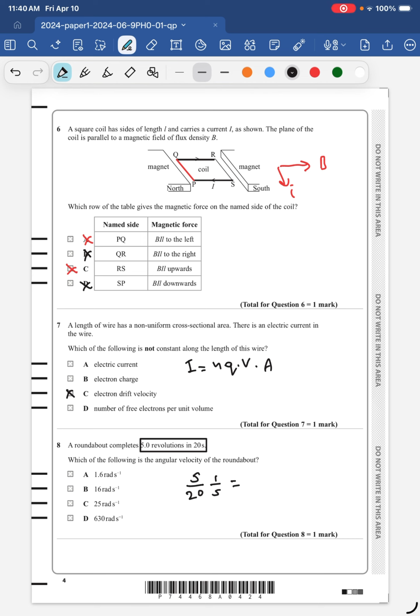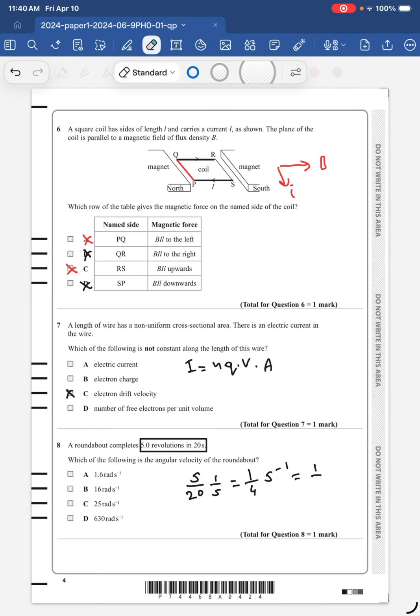So this is 1 over 4 seconds to the minus 1. So that's 1 over 4 is 0.25, right? So 0.25 hertz.